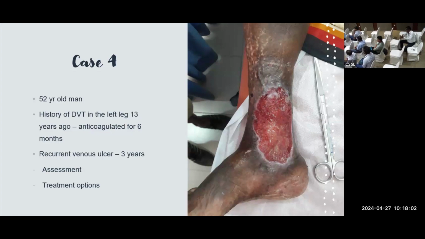Unless they are limited to the iliocaval region, like a May-Thurner, which can be stented, there is no intervention for the deep veins. The leg needs to have graduated compression permanently. Obviously, you start off with graduated compression to treat this ulcer like any other venous ulcer.